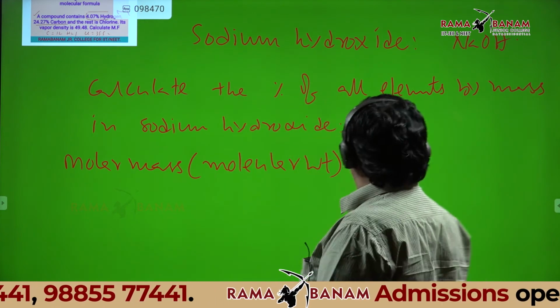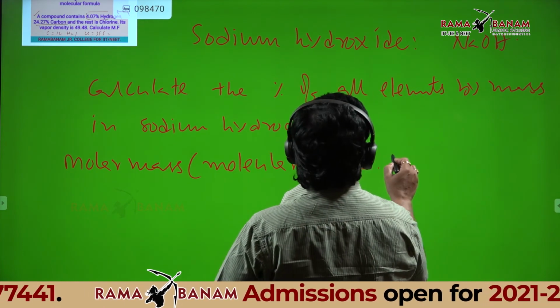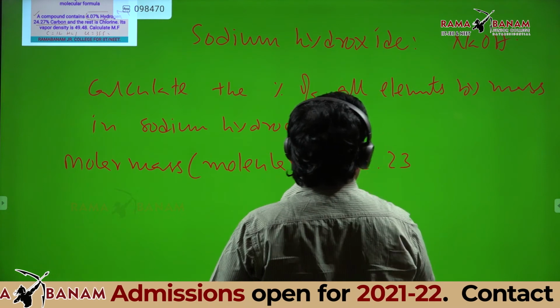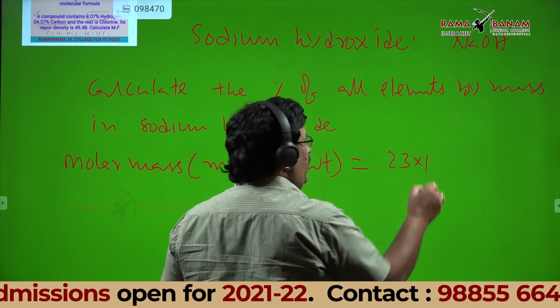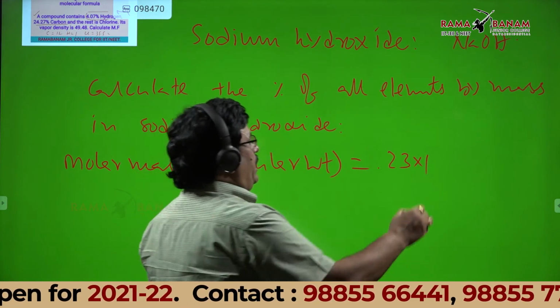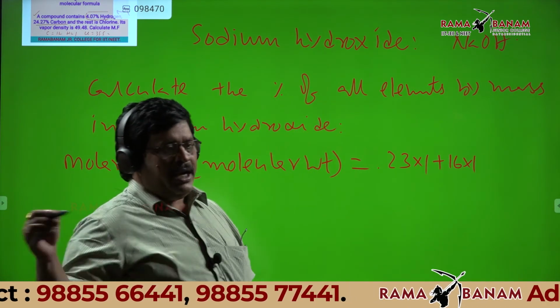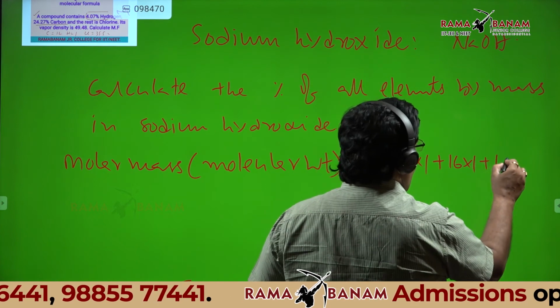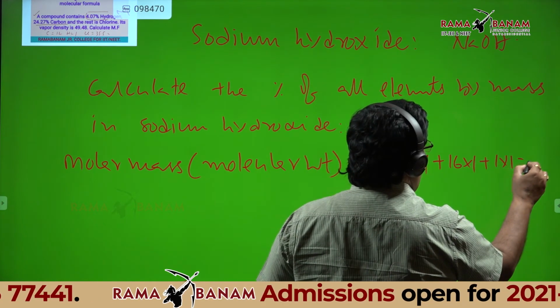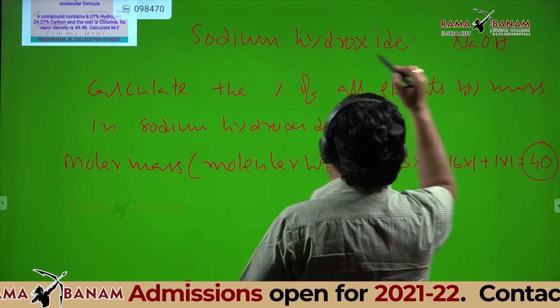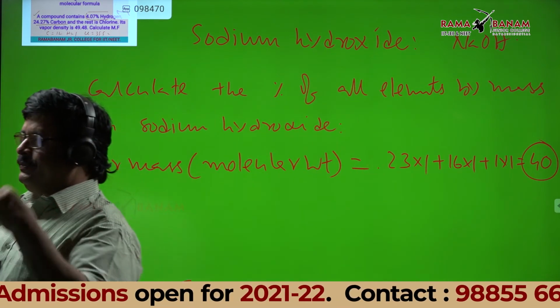It's 40 because the atomic weight of sodium is 23, and there is only one sodium atom. The atomic weight of oxygen is 16, and there is only one oxygen. The atomic weight of hydrogen is 1, and there is one hydrogen. So 40 is the molecular weight. Am I right? Yes, sir.